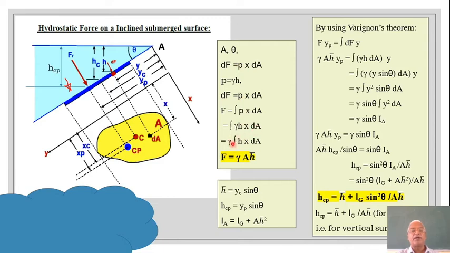Gamma is the unit weight of the liquid; if I take it out, it is the integration of H dA. So H dA is nothing but the moment of area, and that will be given by A H bar, that is the total area multiplied by the centroidal distance. That's why gamma into A H bar. Why this is so, we have already seen in earlier slides. But anyway, what you should remember is that the resultant force is given by gamma A H bar.